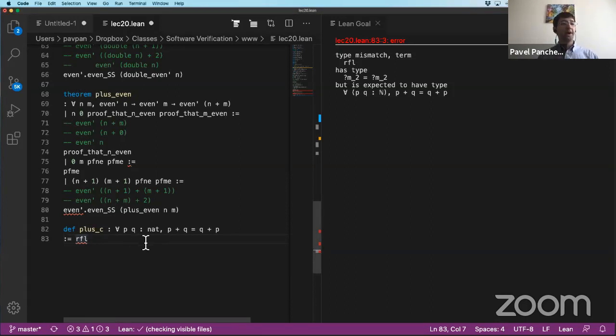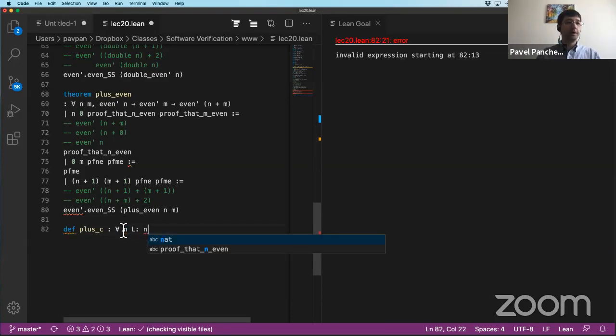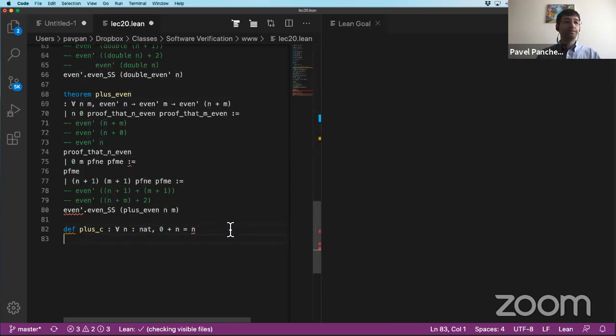Okay, so if we want to prove facts like this, or actually let's go simpler, if we want to prove facts like 0 plus n equals n, we need to have some other way of doing so. And in particular, we need to have some way of doing so that lets us deal with specific cases of n, not n in general.